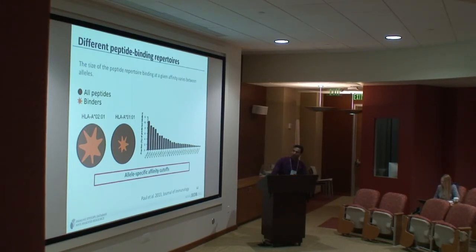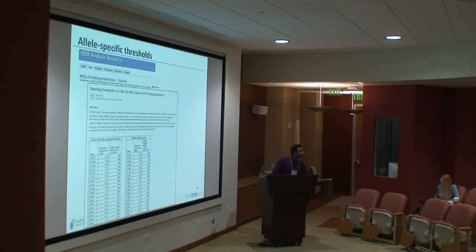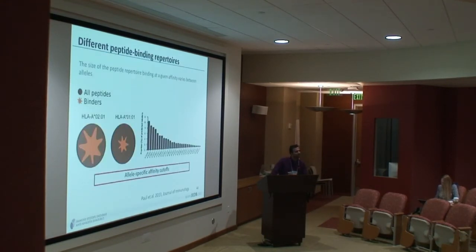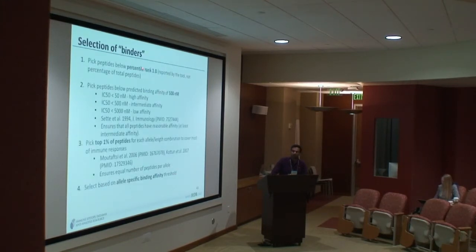Let's go for the quick exercise. I have a short question. In terms of selection of binders, you can either choose percentile rank or binding affinity. Which do you recommend? The general recommendation is percentile rank, less than 1.